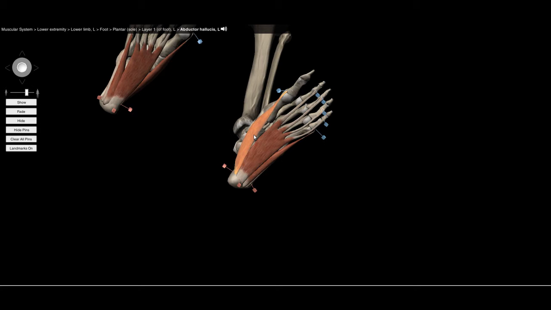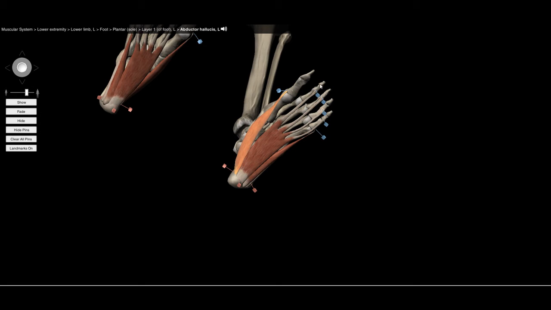So this is the muscle that is responsible for pulling your big toe towards your primary midline, which when we talk about the foot, this is actually abduction. Even though it's going towards the body's midline, when we look at the foot, we draw a line down the middle of the foot, so right through the third metatarsal and phalanx.